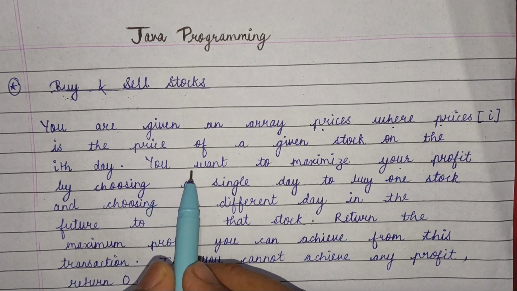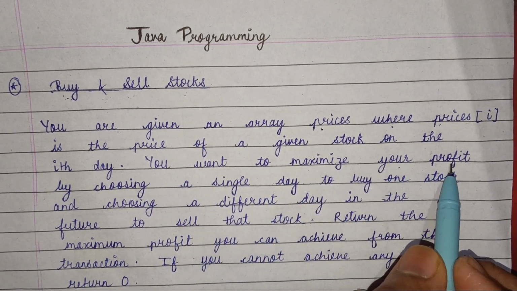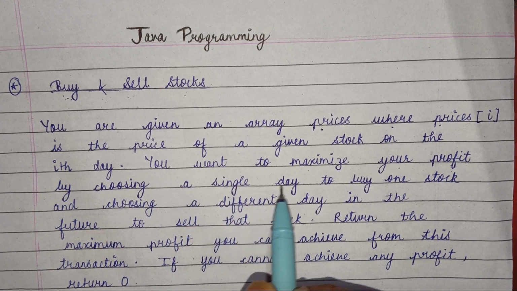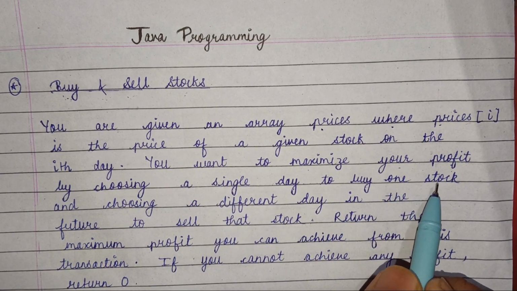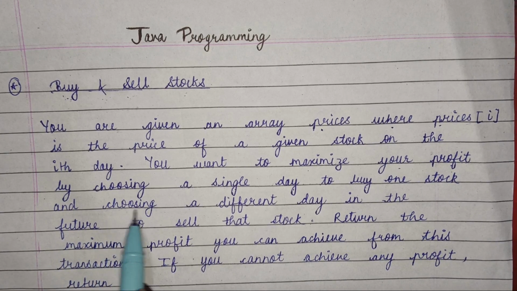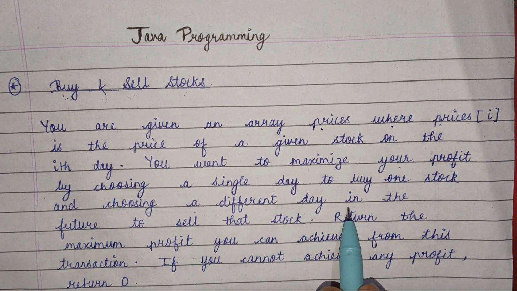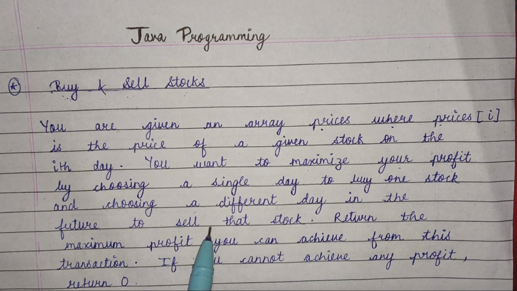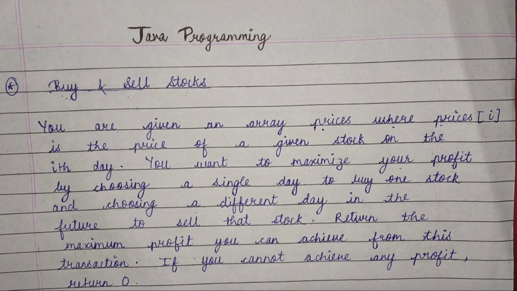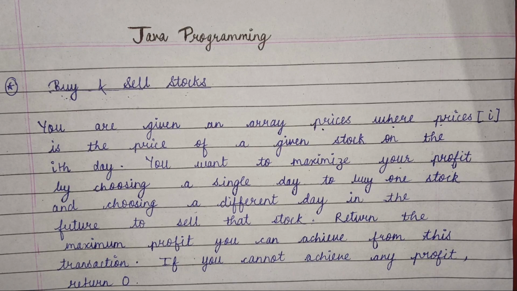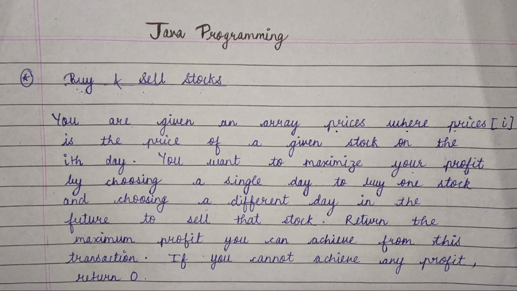You want to maximize your profit by choosing a single day to buy one stock and choosing a different day in the future to sell that stock. So we have to see on which day we will buy the stock and on which day we will sell that stock, so that we get our maximum profit.